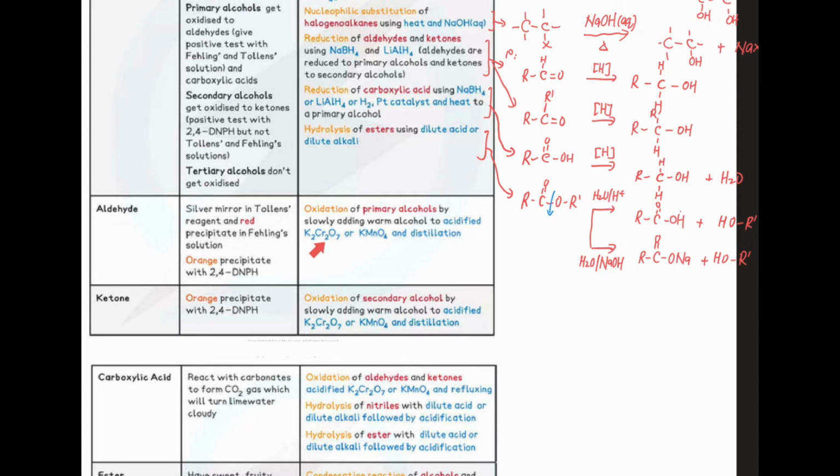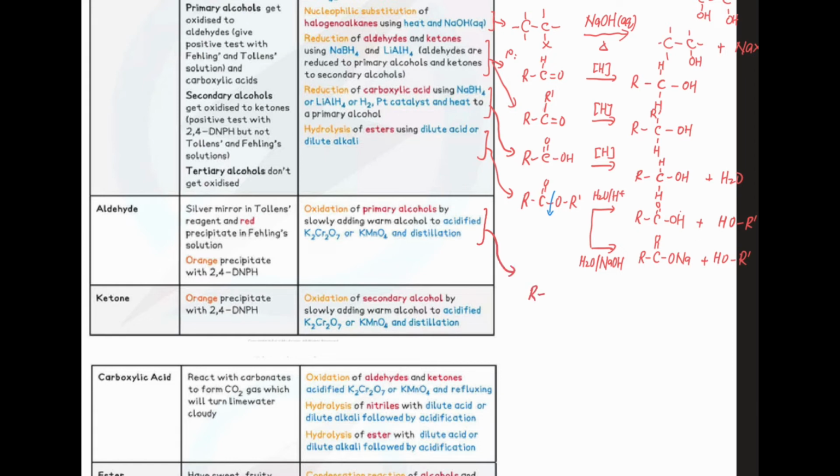This is the oxidizing agent, potassium dichromate(VI), or potassium manganate(VII). You add the warm alcohol to these two, and then they will change to aldehyde, and you have to do distillation to get the aldehyde, or else it will continue the oxidation and become carboxylic acid. So we need to distill it. Okay, so this is the equation.